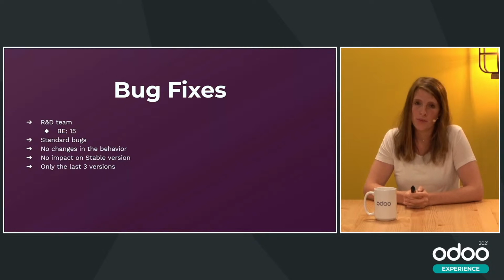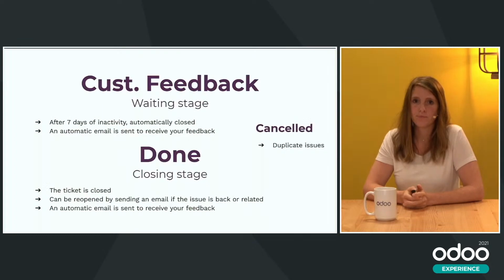As we are now in V15, it means that V15, V14, and V13 will receive the bug fix, and the versions before will not receive bug fixes anymore, but we are still there to answer questions if you still have some. Their job is really important also because before doing any fix, they have to check if there will be an impact on the stable version, and no change in the behavior is possible.